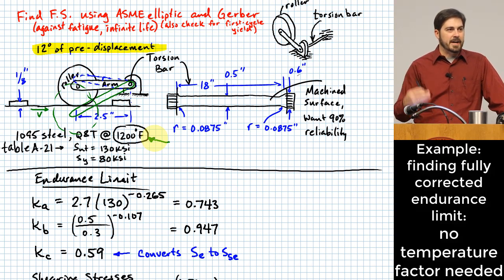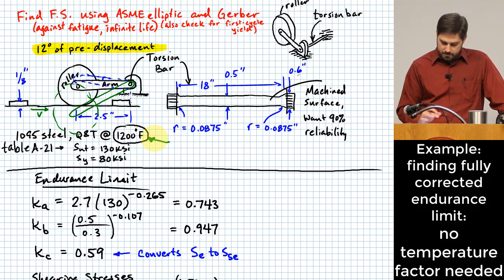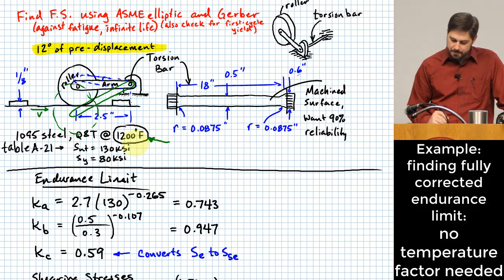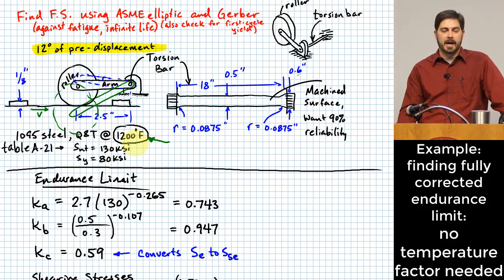That's information about how the material was processed, how it was tempered. So don't let that confuse you. We can use K sub D equal to 1 because we are not given any information about anything special with respect to temperature.